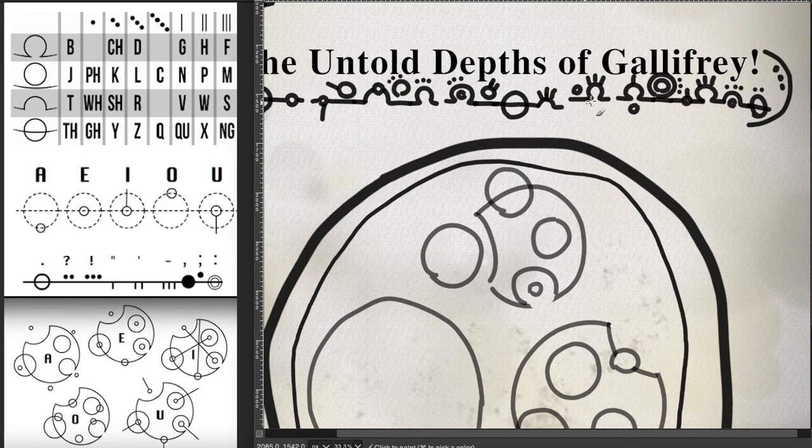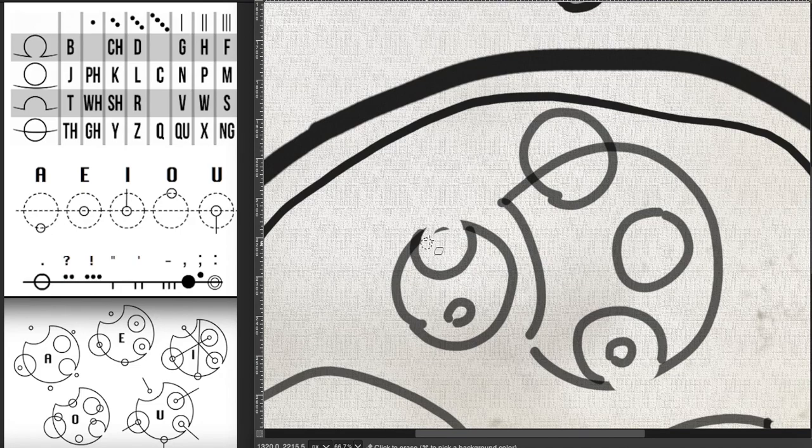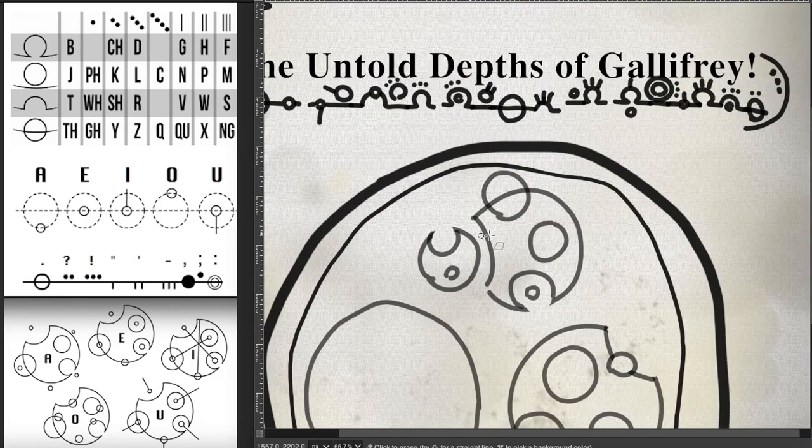Okay. And then we have of, so we're going to have our little circle first, and then the F, of, O, F, and now Gallifrey.